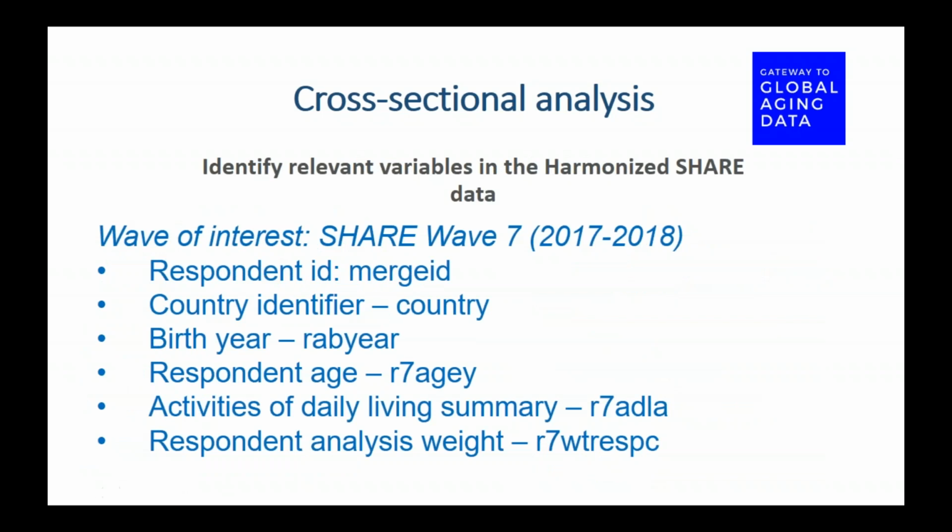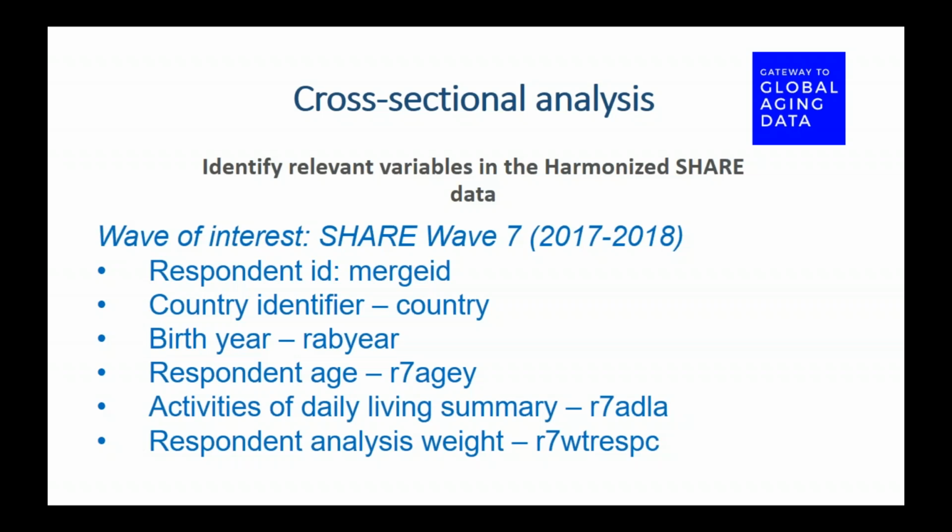So we're going to identify relevant variables in the harmonized SHARE data. As I mentioned, we're going to use wave 7 of SHARE, and that was conducted between 2017 and 2018. The variables we're going to want: a respondent ID so that we can merge later on and keep track of who our individuals are.